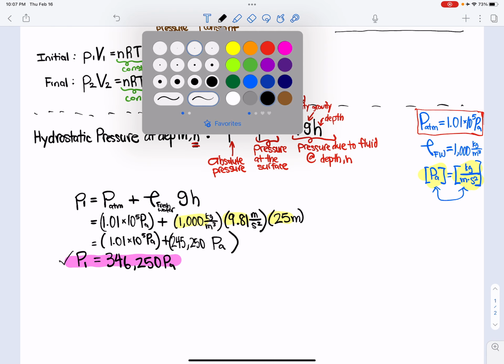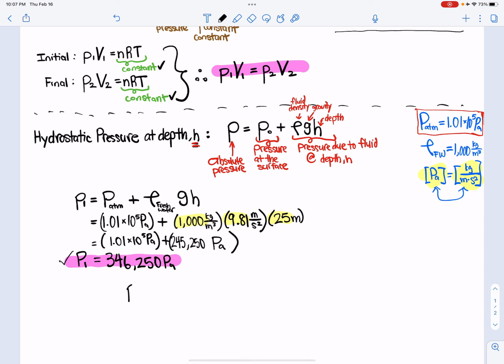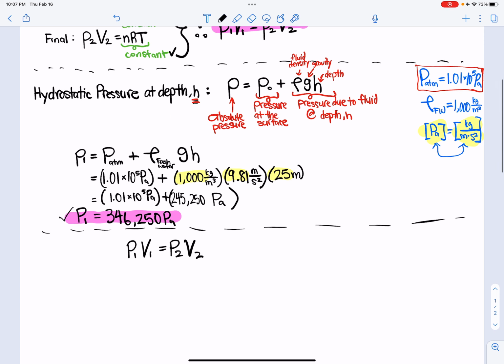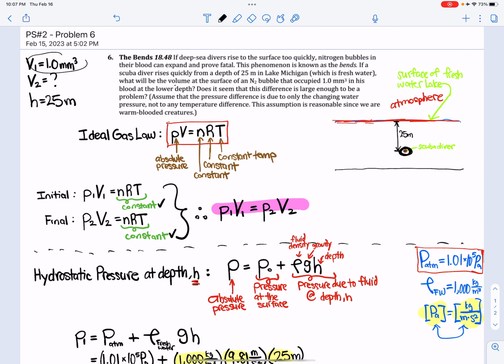So again, copying this formula down here, P1 V1 equals P2 V2, right? And that's initial absolute pressure, initial volume, final absolute pressure, and final volume, okay? So let's plug and chug at this point. So we've got 346,250 pascals for P1. For V1, here we have 1.0 cubic millimeters.